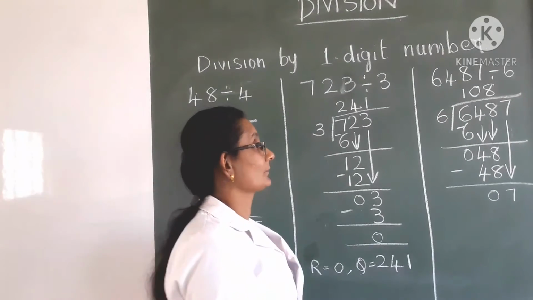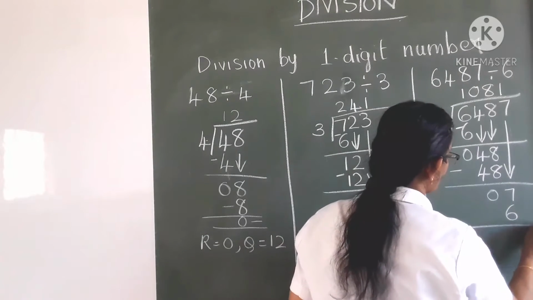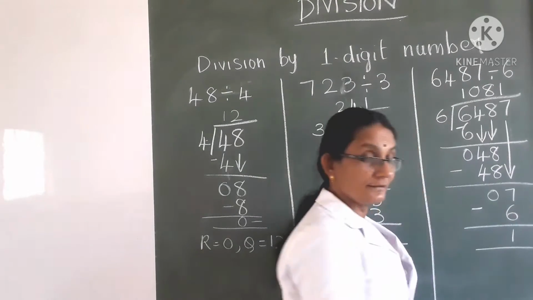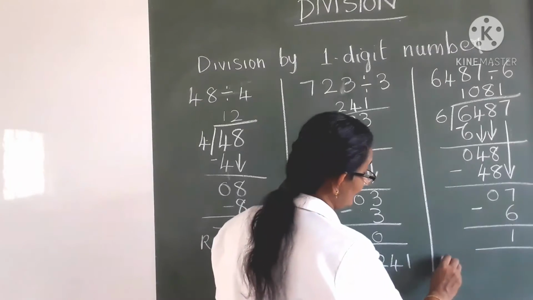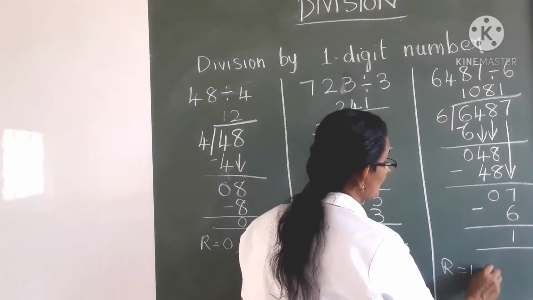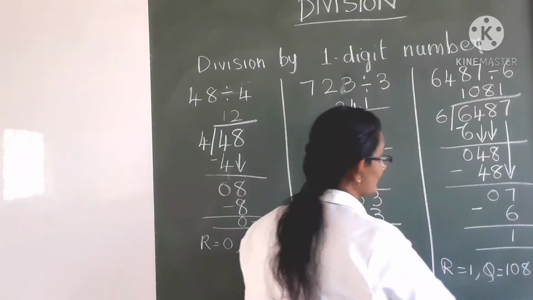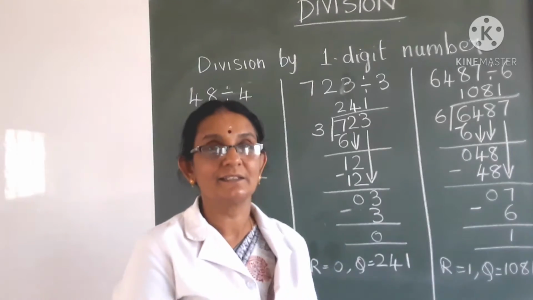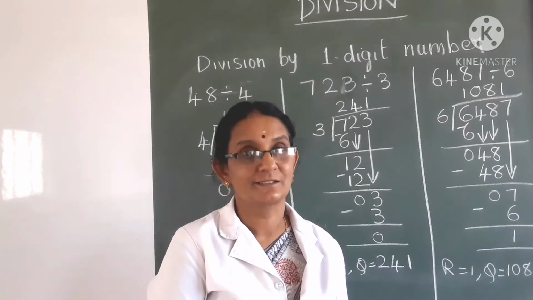Yes, 1 time. And so now subtract and you get the remainder as 1. So what is the remainder here? 1. And what is the quotient? 1081. So that's it, children. So you have learnt the division by one digit number.